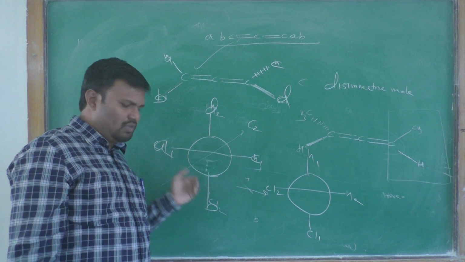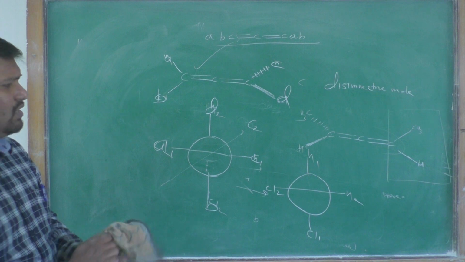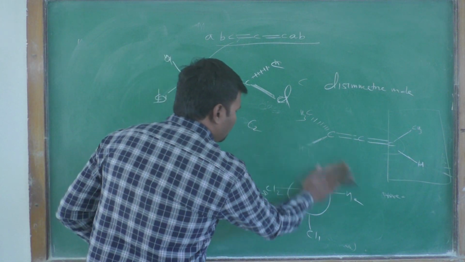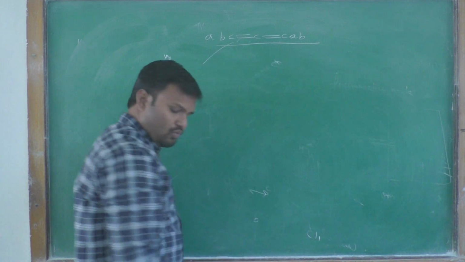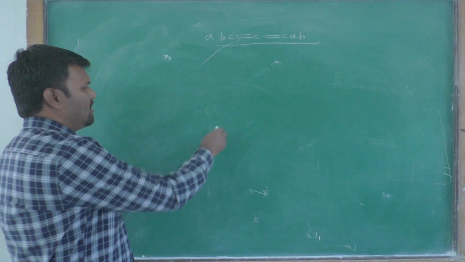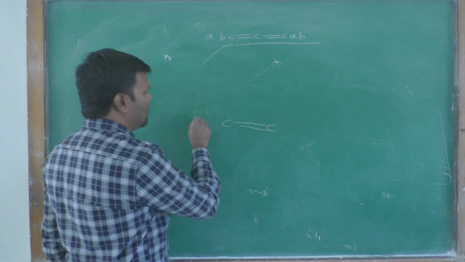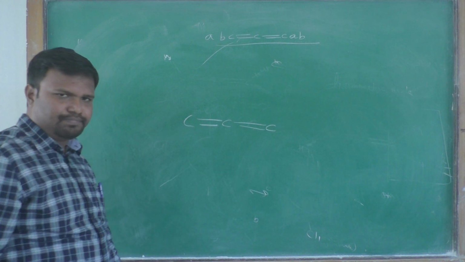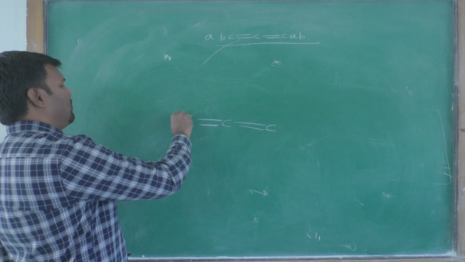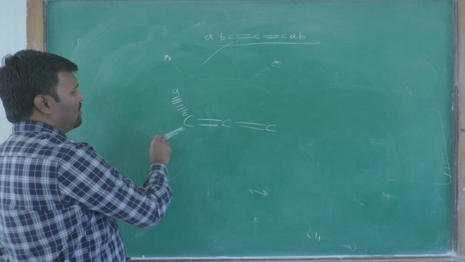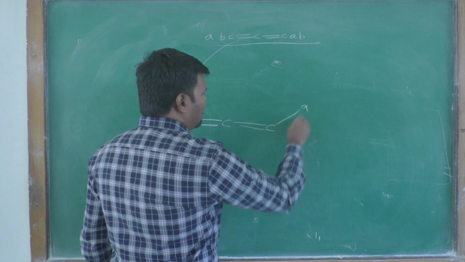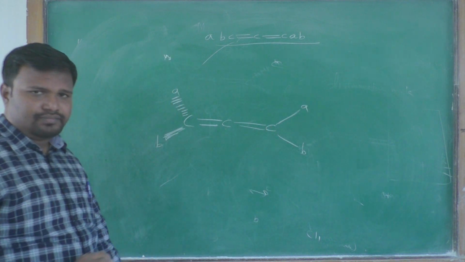Then the orbital representation of allene. Allene has two double bonds, cumulated double bonds. One group of carbon is away from this carbon, and one is present at the other place.